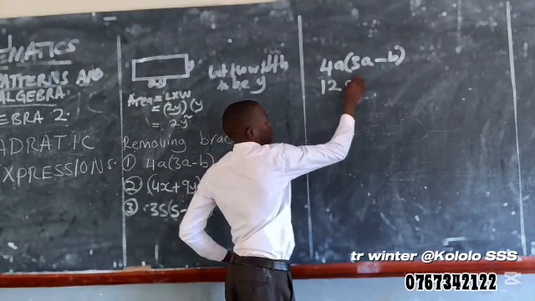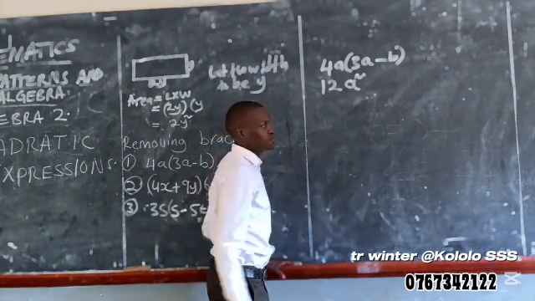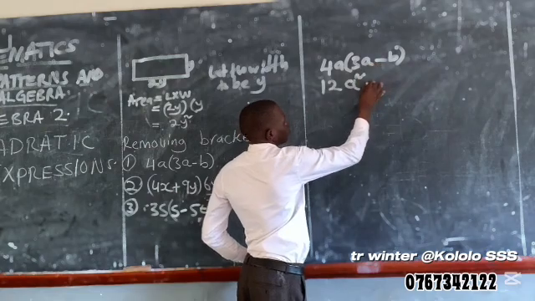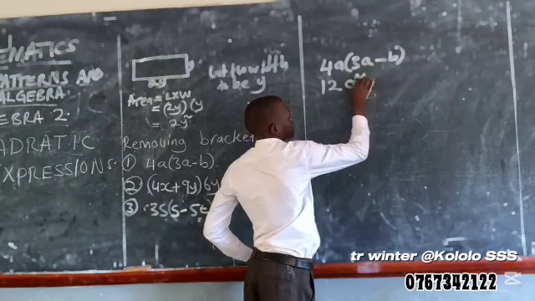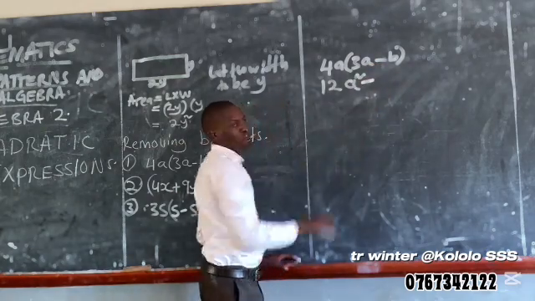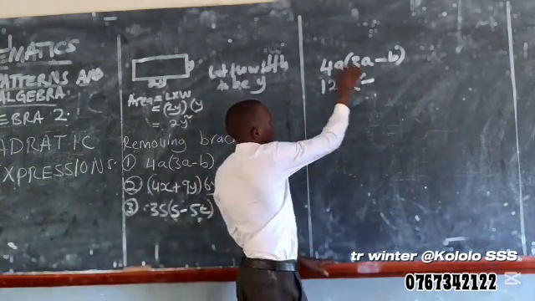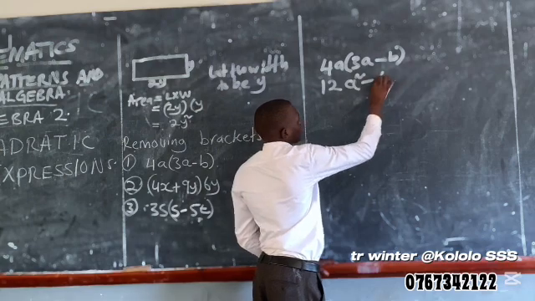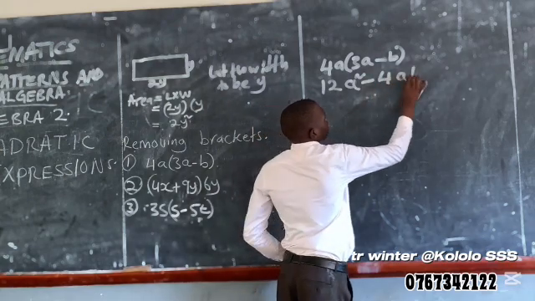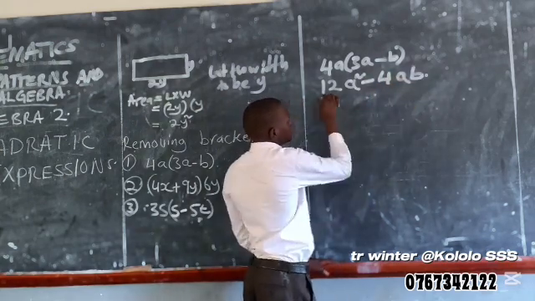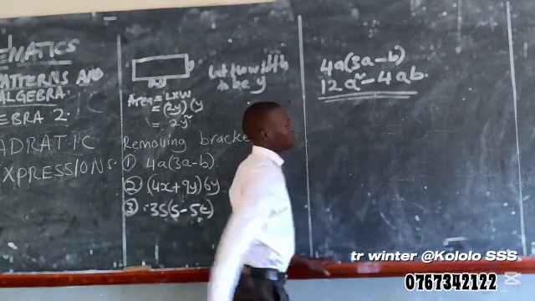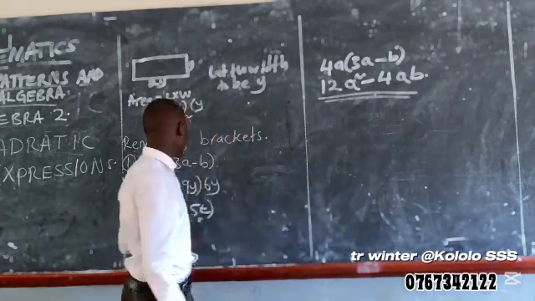A times a, you get a squared. Again, you multiply. The sign here is a negative. 4a times negative b, you come up with negative 4ab. This is also an example of that expression.